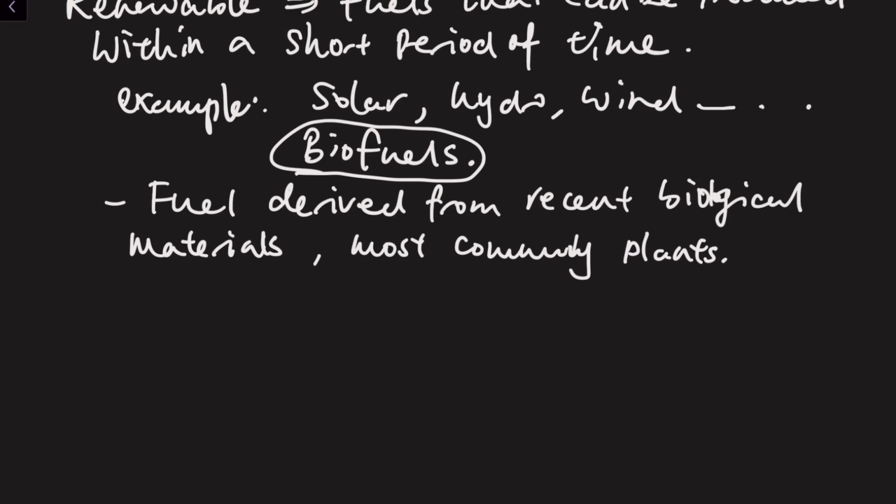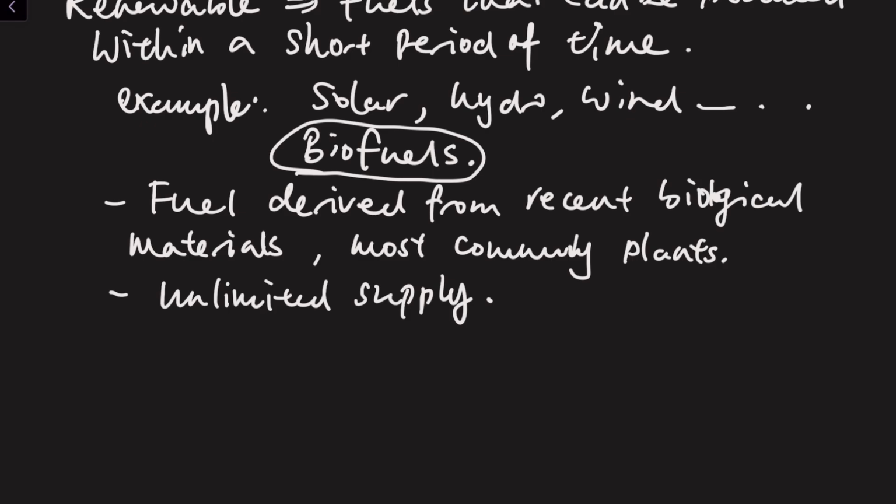One exception is biogas, which we will also discuss later. It is derived from animal manures. Relatively speaking, it has unlimited supply, because by definition, we can replace renewable energy within a very short period of time. So compared to petrol or diesel, we have a relatively unlimited supply of biofuels.